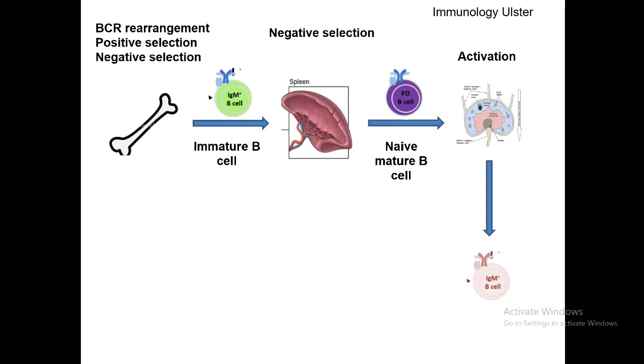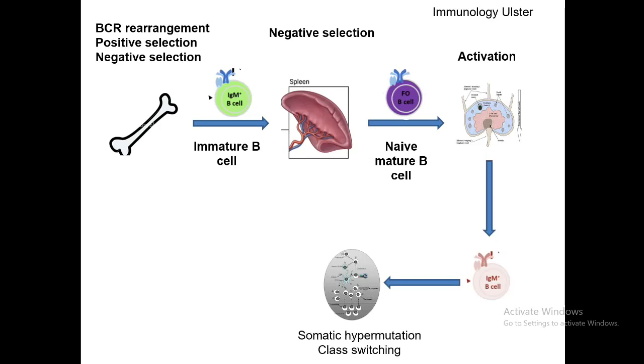And when it arrives, the B cell will become activated through a series of processes which we'll cover later in the lecture. But once it becomes activated, it then enters the follicle within the cortex of the lymph node. And when it enters the follicle, it starts to undergo a process of somatic hypermutation, where it undergoes another round of mutation of its B cell receptor genes, with the outlook that it can hopefully develop a B cell receptor immunoglobulin that has an even better, stronger affinity for the antigen that it wants to target.